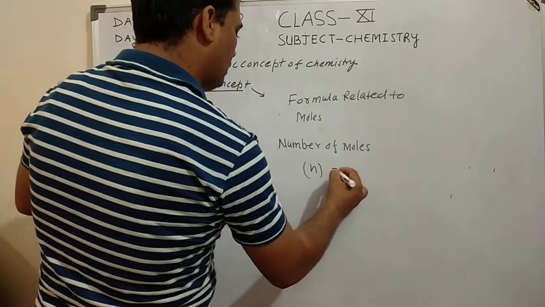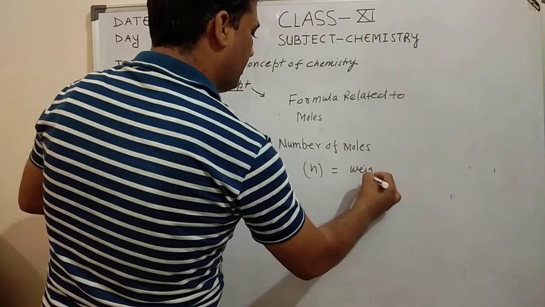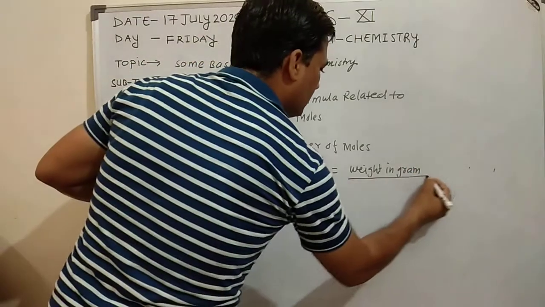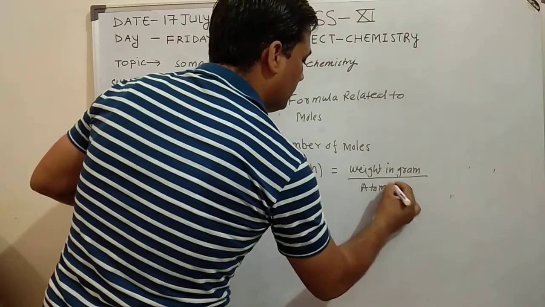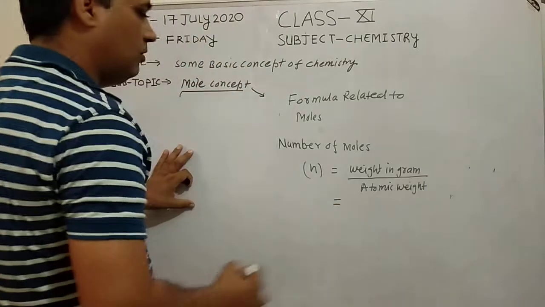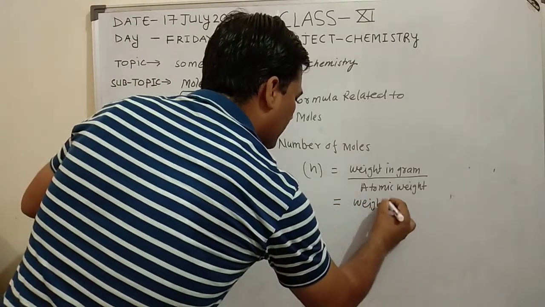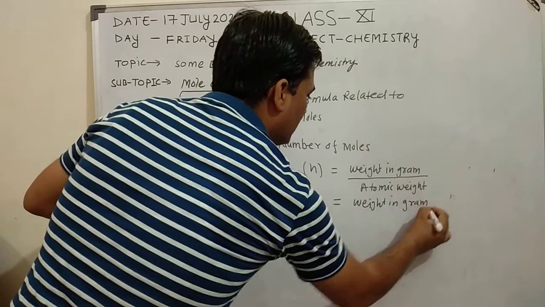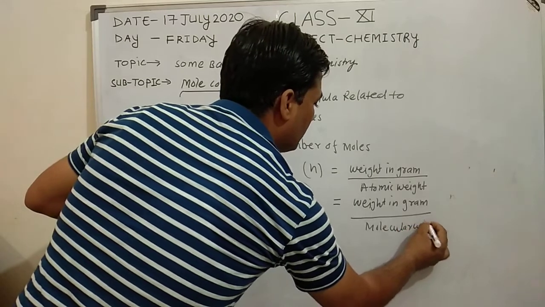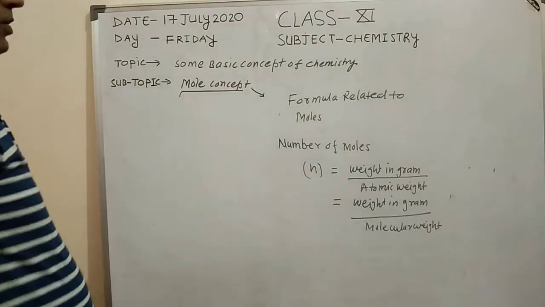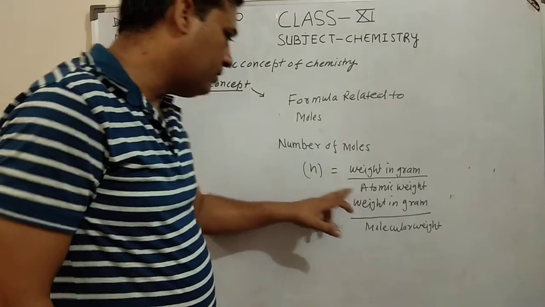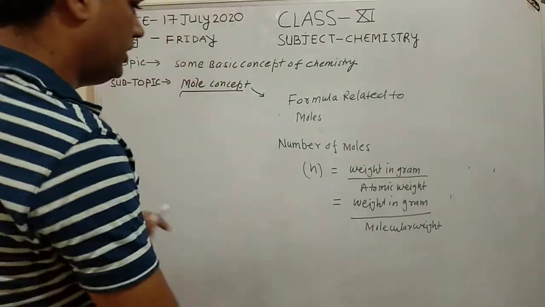Small n is equal to weight in gram divided by atomic weight in gram, or in the case of a molecule, weight in gram divided by molecular weight. Okay, the first formula is number of moles: weight in gram divided by atomic weight, or weight in gram divided by molecular weight.